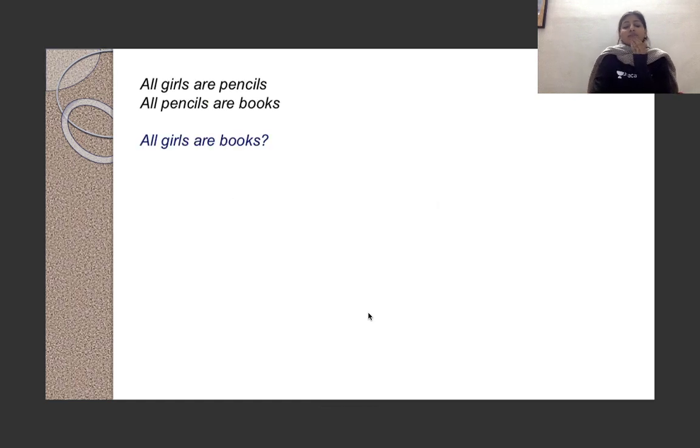Example 1. Tell me if this conclusion follows or not. All girls are pencils, all pencils are books, and all girls are books. So does the conclusion all girls are books follow or not?